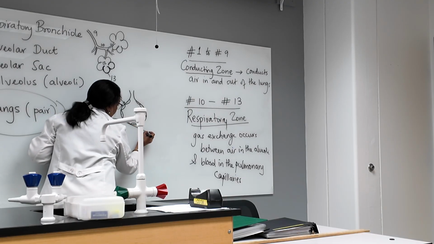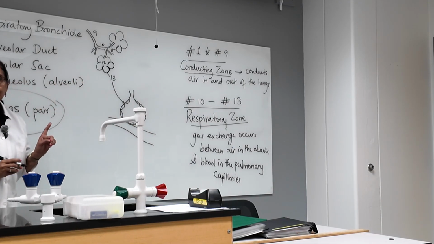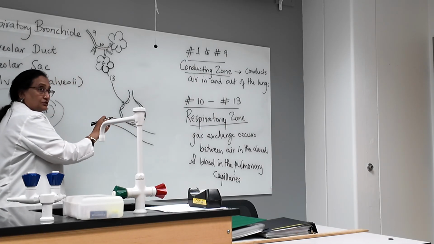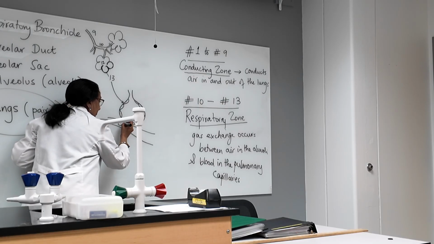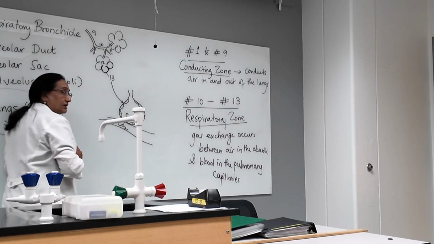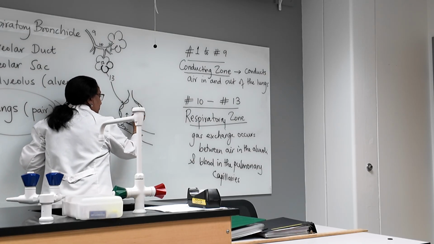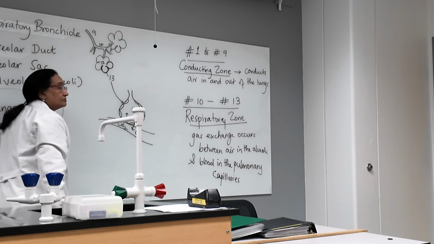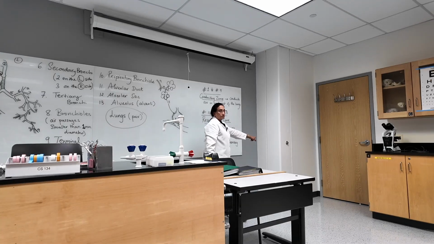This is the blood vessel, the pulmonary capillary. As blood comes into the lungs, the carbon dioxide that is in the blood will diffuse into the alveolus. The oxygen that is in the air that you breathe in will get into the blood. Okay, so this is gas exchange.